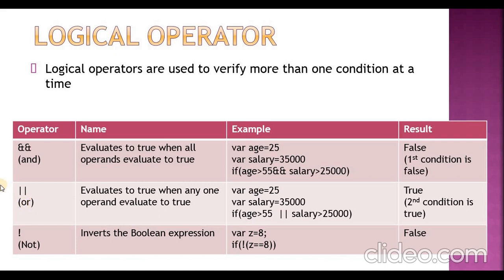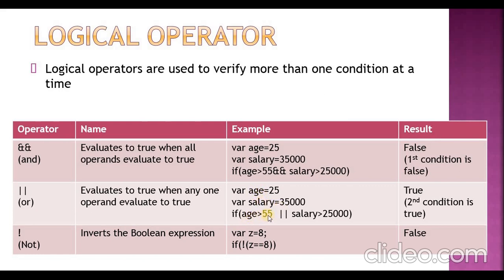It is indicated by 2 vertical lines. These are known as pipe symbols. OR evaluates to true when any one of the operands evaluates to true. This means even if one condition is true, the result is true. For example, same variables, age and salary with same values.